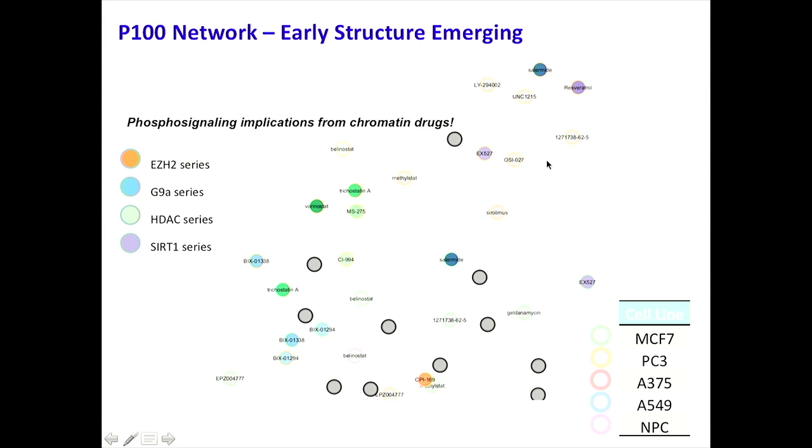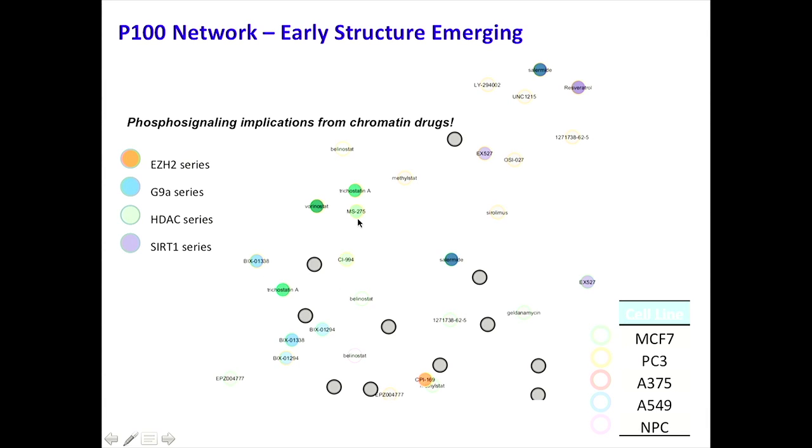And then, of course, it's very early to start interpreting the phosphosignaling data, but we can kind of see very similar things starting to emerge in phosphosignaling, even though we're looking primarily here at epigenetic drugs through these initial data. And here we can see, interestingly, that trichostatin A does, at least from a phosphosignaling lens, self-organize together with other HDAC inhibitors.